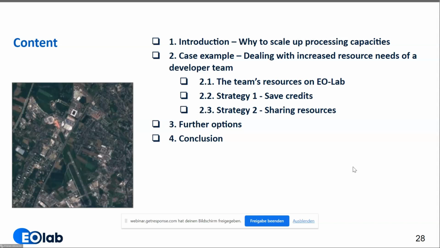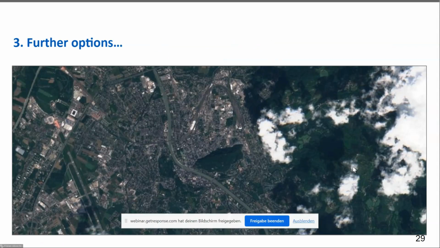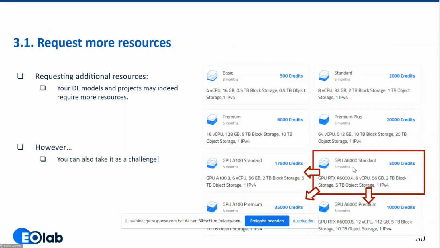Other options, I want to show you them. What you can do is, if you have a standard package of A6000, you can always ask for more credits. But I think it would be suitable first to exploit the system as efficiently as possible before scaling, before requesting additional resources.